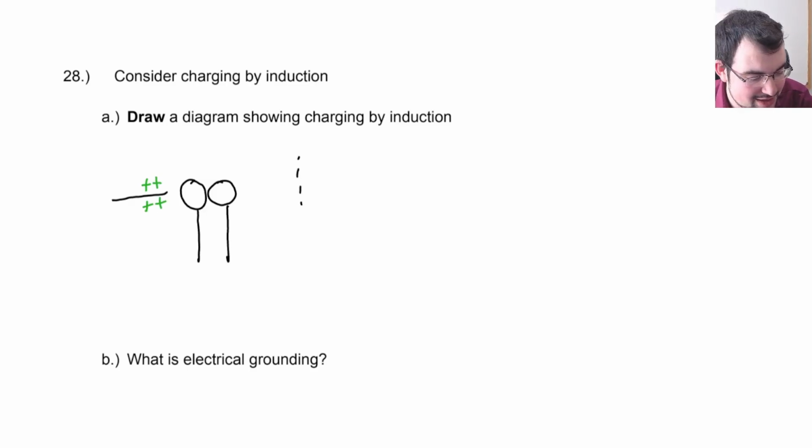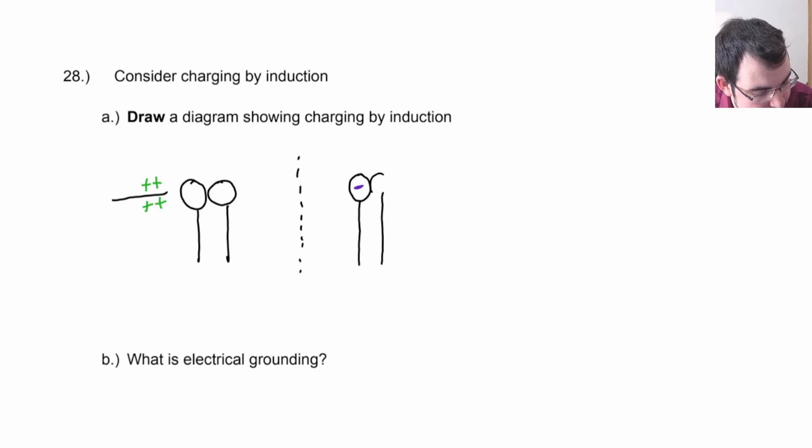So if we put a positively charged rod near these two spheres, the polarization is going to make it such that the sphere closer would have a net negative charge, and the sphere farther away would have a net positive charge due to this rod.